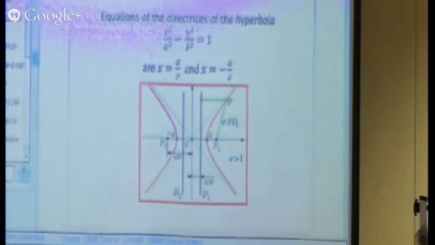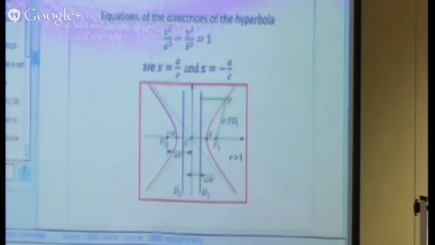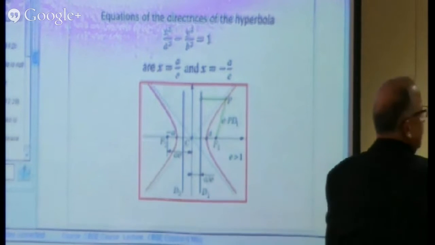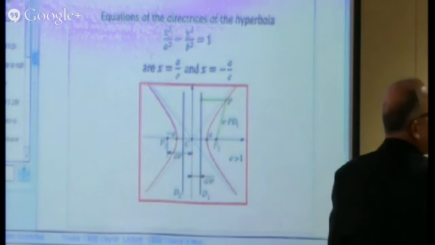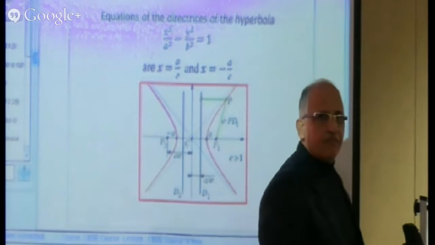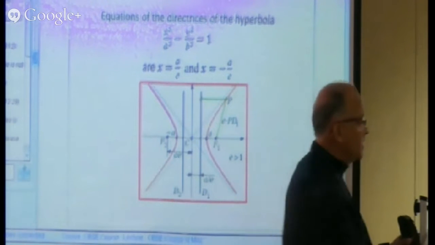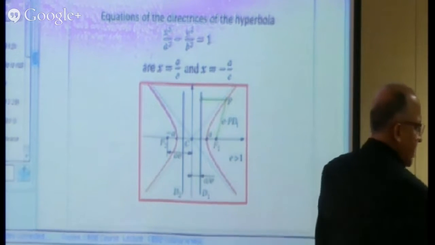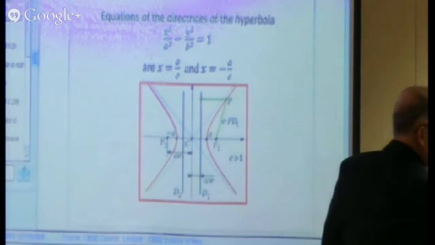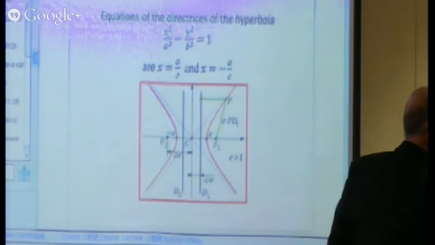When I say that a line has equation x is equal to 5, what does it mean? If you take your coordinate axes, x-axis, y-axis, which are the points for which you have x is equal to 5?